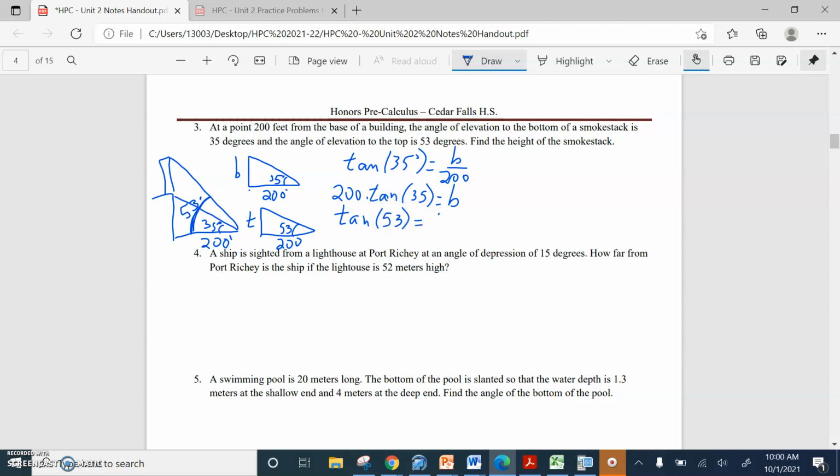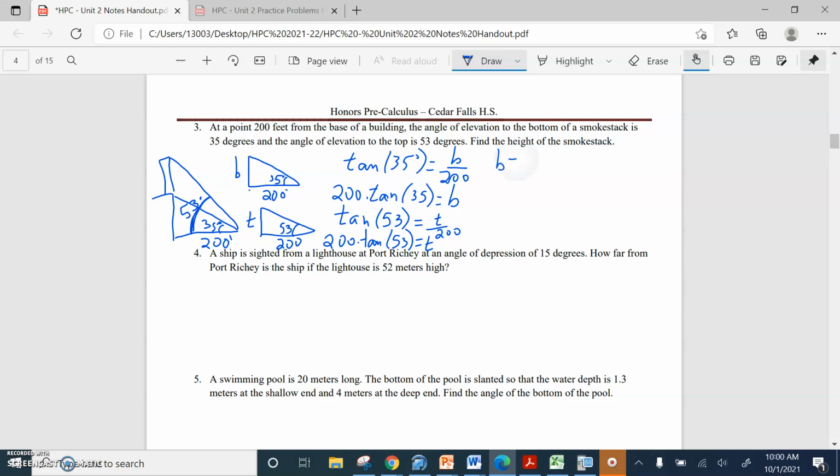That ratio is T over 200. So 200 tan 53 is what T is. So if we just run those two numbers, we find, let's see, B.